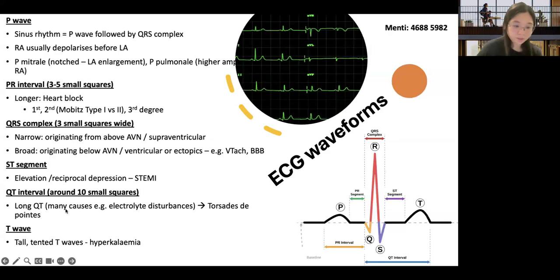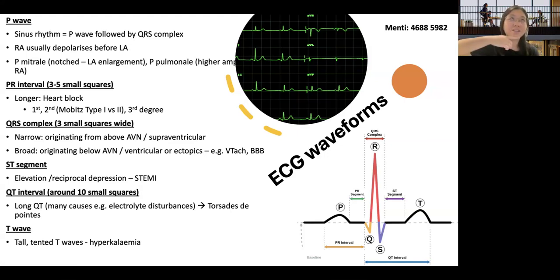So the QT interval is next. There's certain drugs and certain conditions that can cause a prolonged QT interval. I think it's just a lot to memorize. I personally did not memorize it, but you could. When the QT is prolonged for too long, it could lead to something called torsades de pointes. You can Google that.